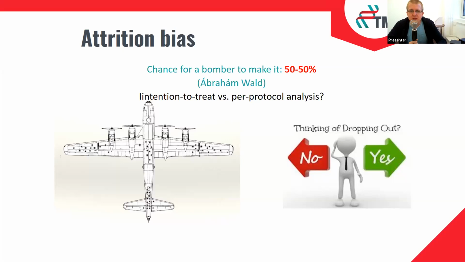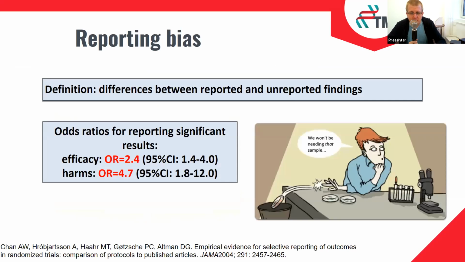Sometimes we have problems with it because if someone withdrew consent, we don't have the outcomes at the very end. So in this case, we have to impute. So what would happen if the patient had received the drug till the end of the study? Let's say carrying forward the last measurement, whatever. There are strategies for imputation. But always prefer intention-to-treat analysis over per protocol analysis in randomized studies.